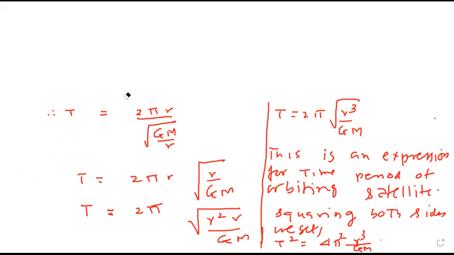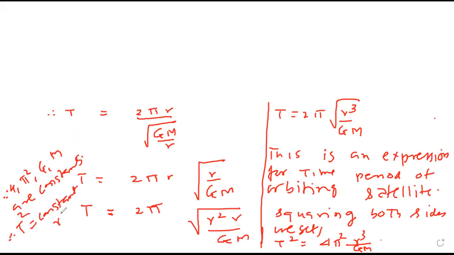Constant. What about G and M? They are also constant. So since 4 pi square, G, M are constants, therefore T square equals constant into r cube. So T square is proportional to r cube. Sometimes they can ask you this. So please complete 3-4 lines more.